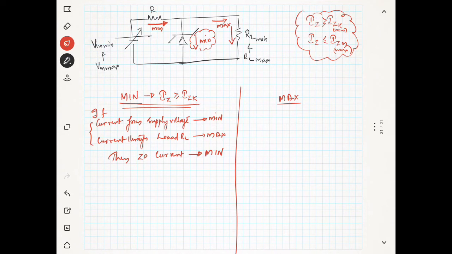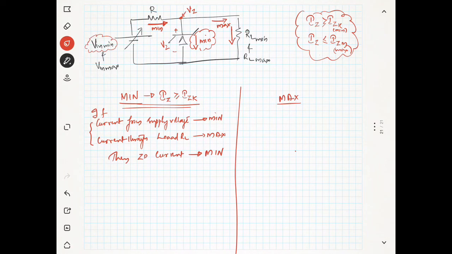Now you know that the voltage across the Zener diode is Vz. So the voltage at this node is also Vz. Now how to find the current? Because we are talking about the minimum condition, we will talk about the minimum voltage.